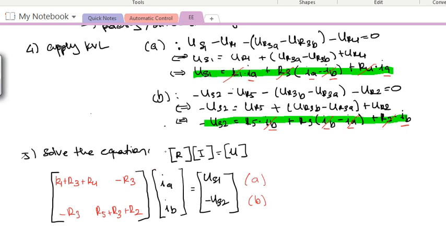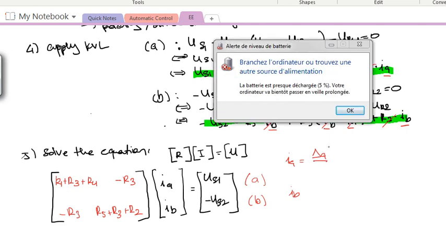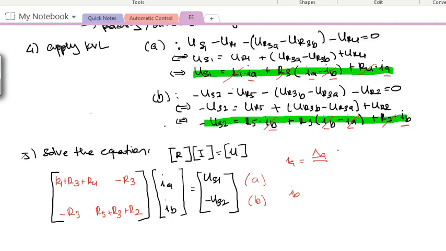So what you need to do now, in order to find IA and IB, is this: IA is equal to the determinant of matrix A over the determinant of the system of equations, and IB is equal to the determinant of B over the determinant of the whole system. So what is the determinant of the system?